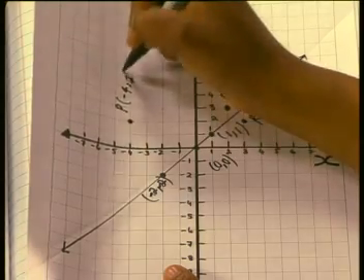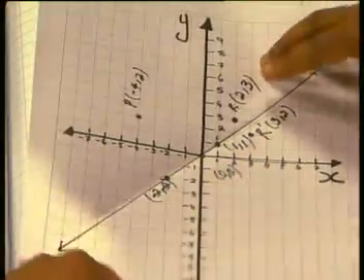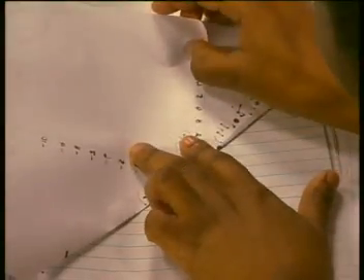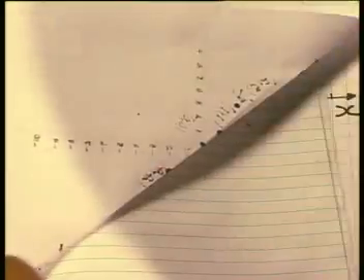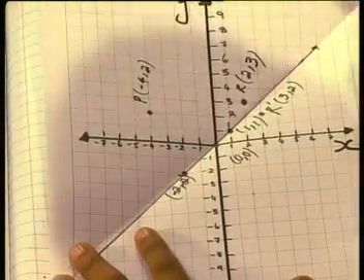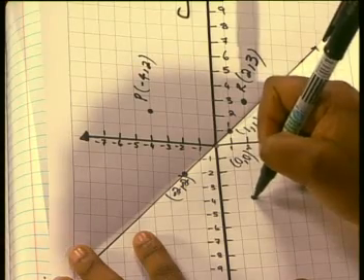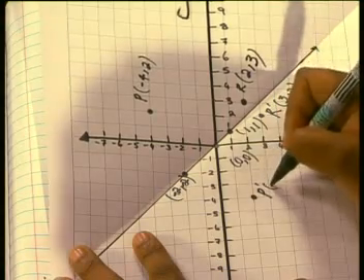Okay, so I plot -4, 2 and fold the paper. Then mark the point showing through the page. Open it up and the coordinates of P prime are 2, negative 4.